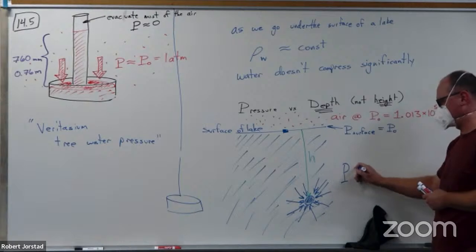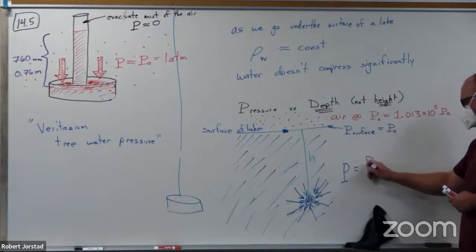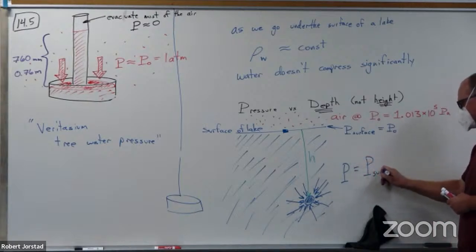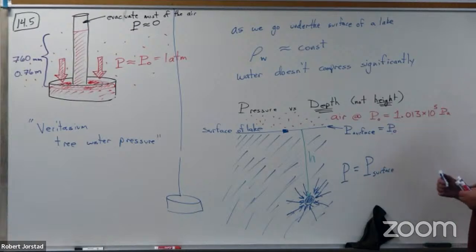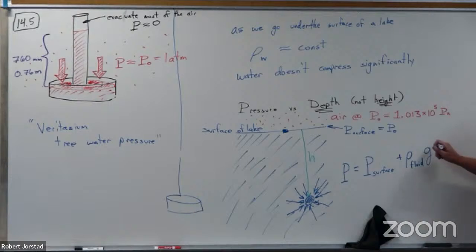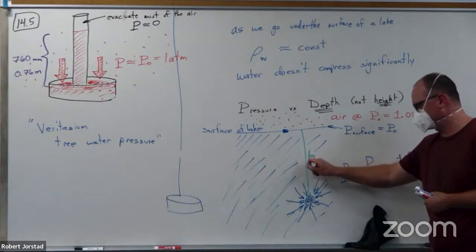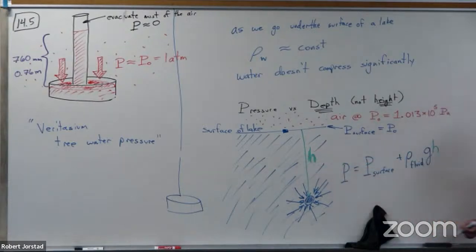Pressure at depth is equal to pressure at the surface, in this case, P naught, plus rho of the fluid, g, and h, the depth. Okay.